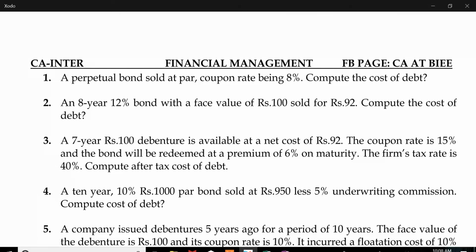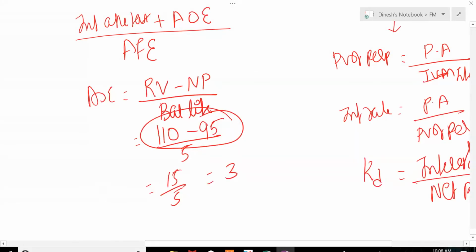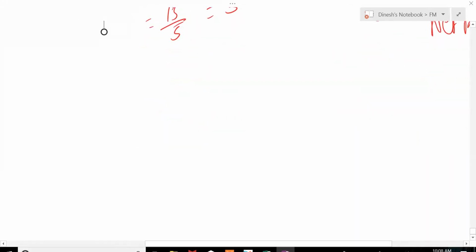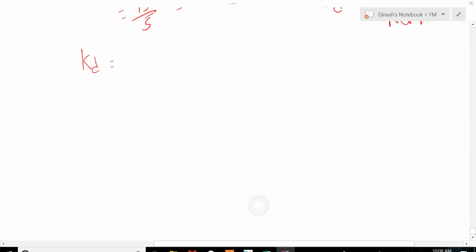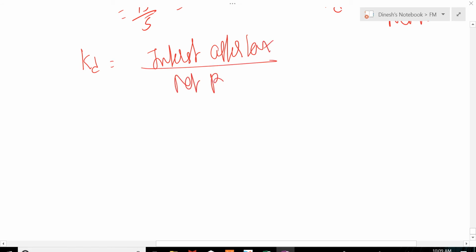Now write KD equal to interest after tax by net proceeds. Come down.